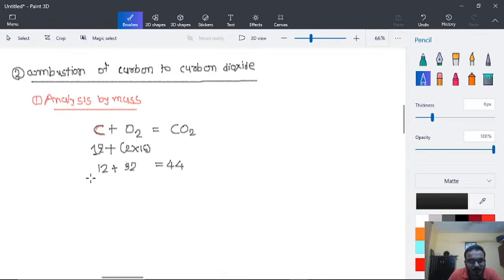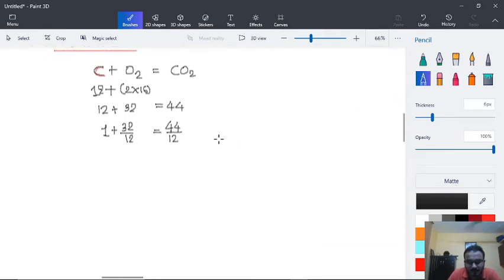So now we will divide the entire equation by 12, so 1 plus 32 by 12 is equal to 44 by 12. So what we can write down here is 1 plus 8 by 3 is equal to 11 by 3.